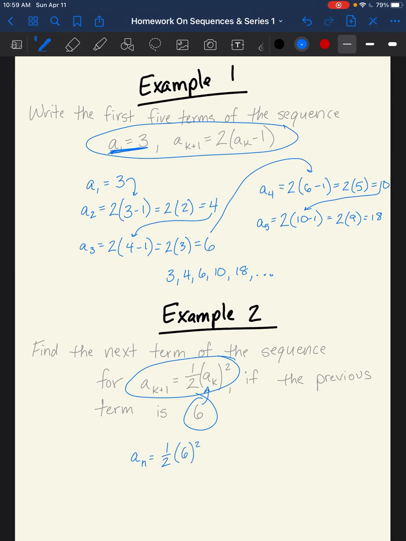Again, I don't know what term this is, so I'm just going to write a sub n because it could be any term. It could be the 5th term, the 10th term, the 20th term. I really just don't know. All I'm going to do is follow the definition we're given. So 6 squared is 36, and then I'm going to take half of that, which is 18. So the next term in the sequence after 6 is 18.